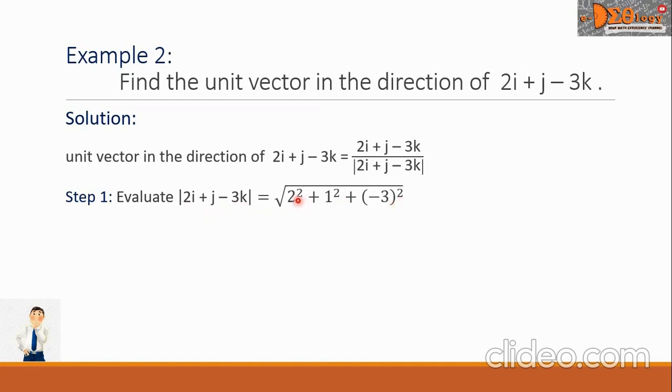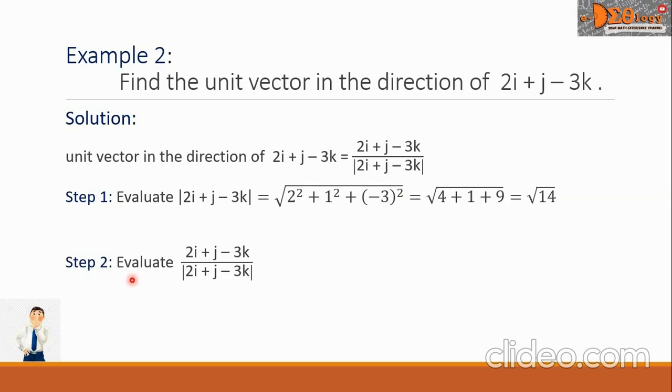Now let us simplify the squares inside the radical. So we now have 2 squared becomes 4, 1 squared becomes 1, the square of negative 3 is positive 9. So this is simplified into square root of 14.